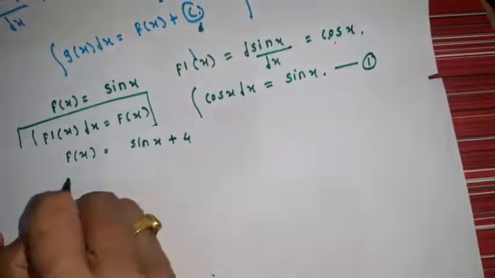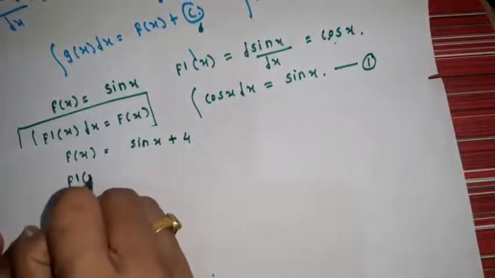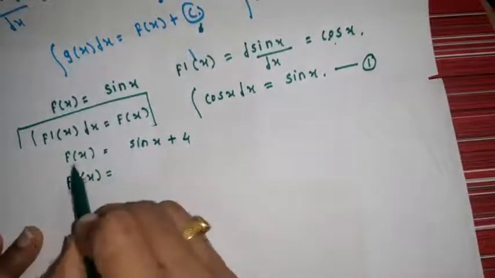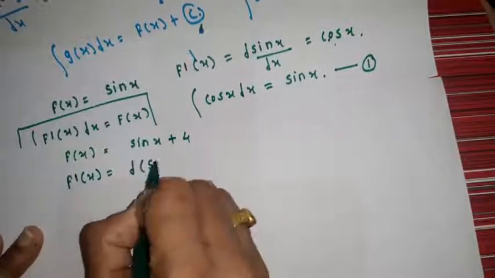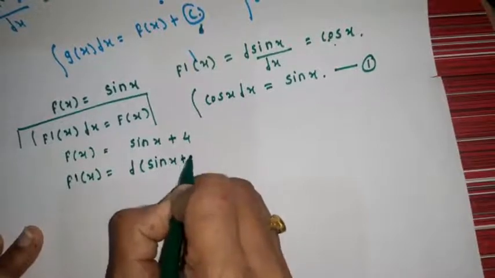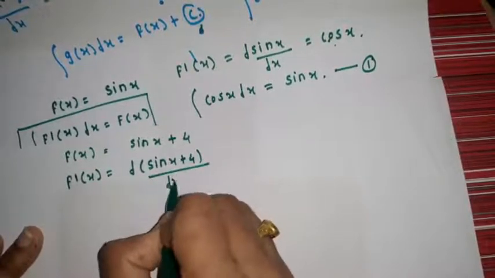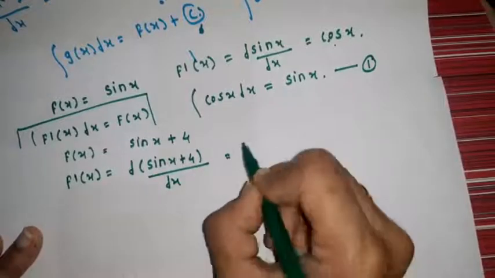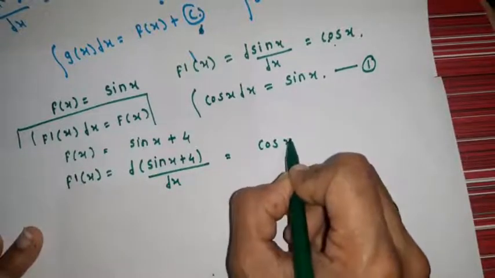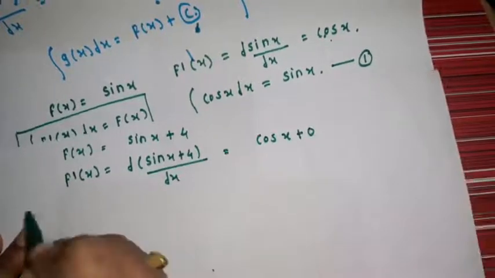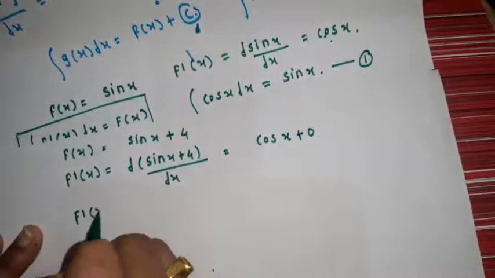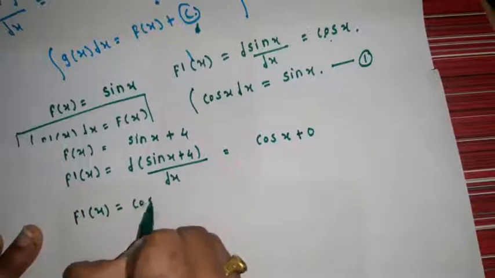Now its derivative, that is f dash of x, is the differentiation of sin x plus 4 with respect to x. The differentiation of sin x is cos x, plus the differentiation of 4 is 0. That means here f dash of x equals cos x.